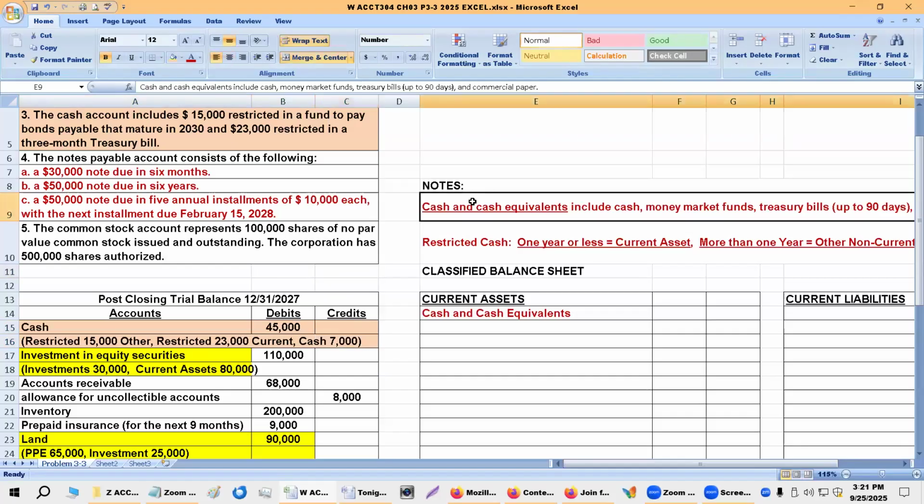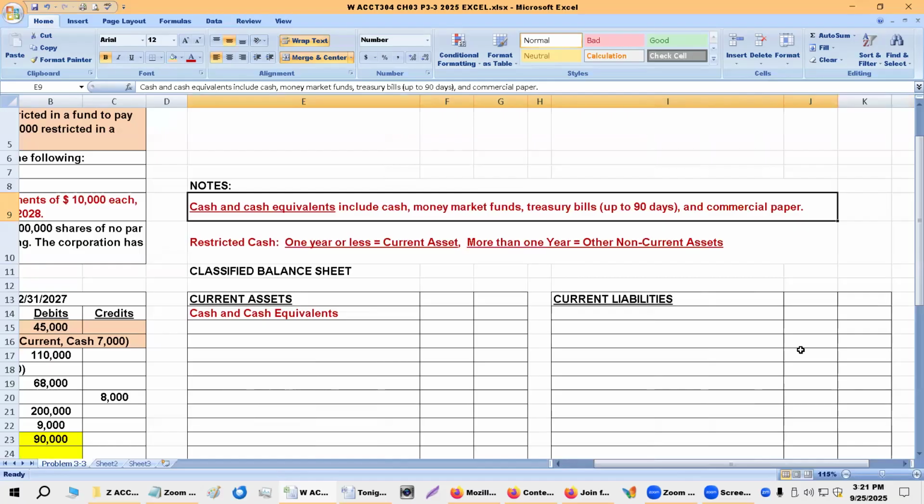And so cash and cash equivalents, by the way, include cash, money market, treasury bills up to 90 days, and also commercial paper. You probably know what cash is. Money market is just kind of a savings account. Treasury bills are government bills that you can buy and sell in 10 minutes.